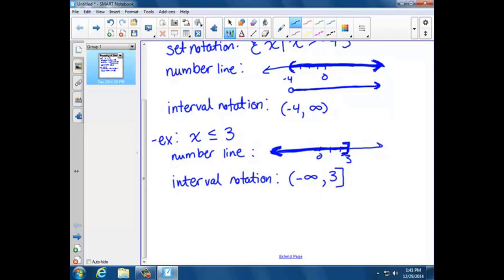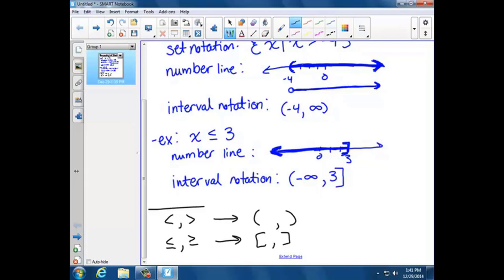Let me put this in black as a definition. If I use greater than or less than, then for interval notation I'm using a parenthesis, either that way or that way, depending on which way I'm going. For less than or equal to, greater than or equal to, I use brackets.